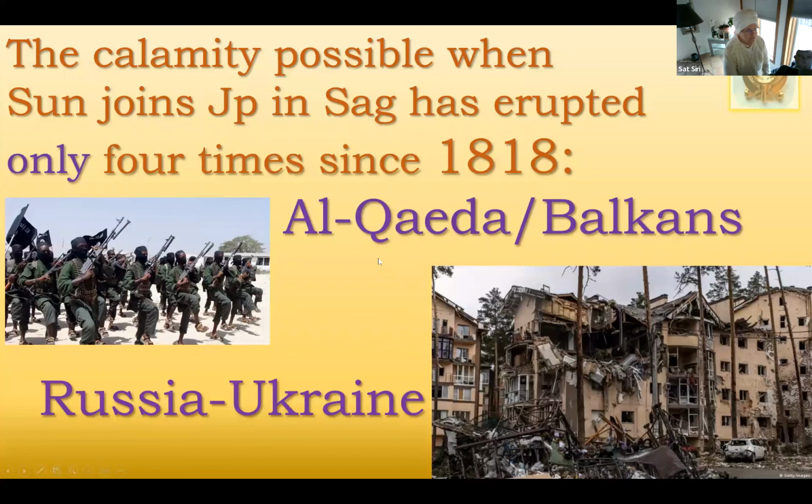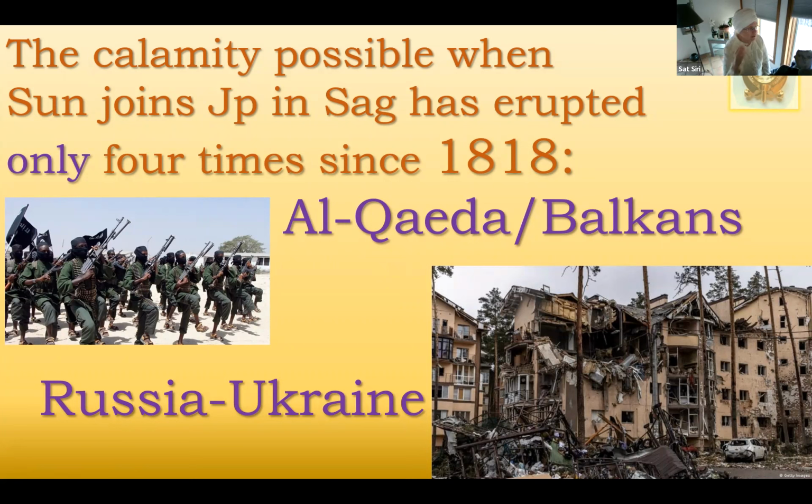So it was really the rise of Al-Qaeda and ISIS and all that, and even also wars in the Balkans. But the chart of that wasn't as clear cut as these other 3 wars. And finally, we have Russia and Ukraine, which is going on now, which began with the Sun-Jupiter conjunction in 2019. So we'll see how that works.